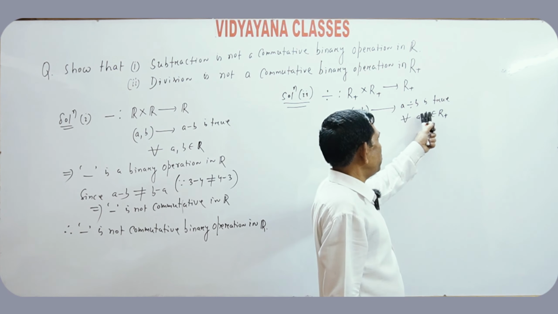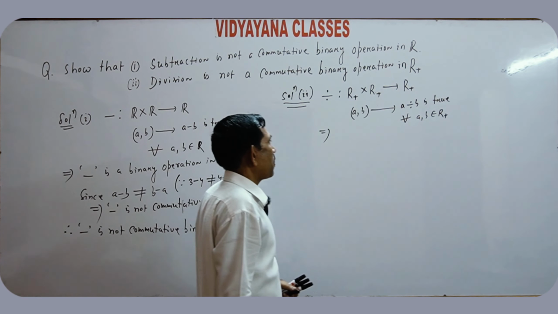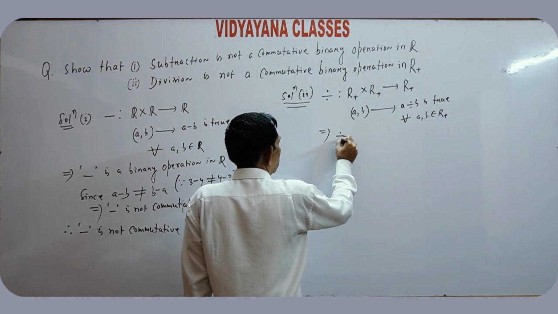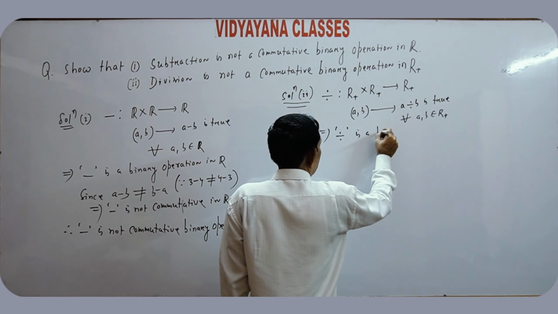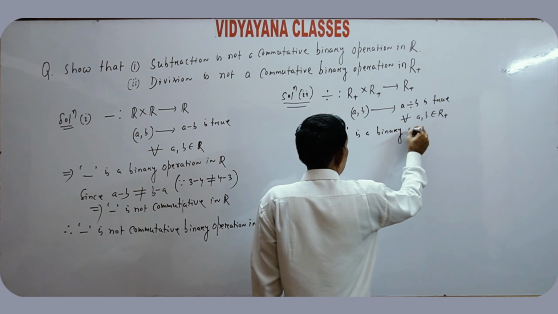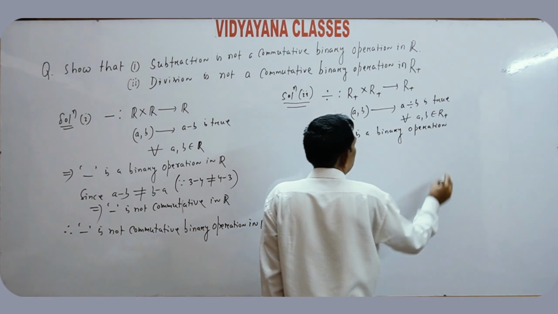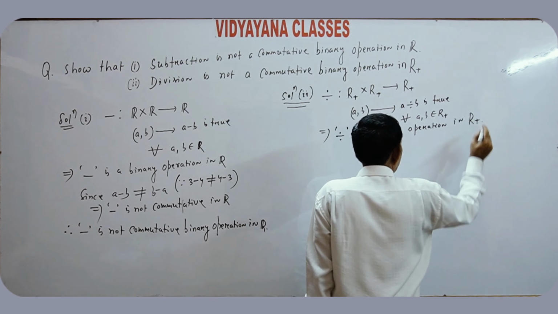Division of two real numbers is a real number when both are positive. It implies division is a binary operation in the set of positive real numbers.